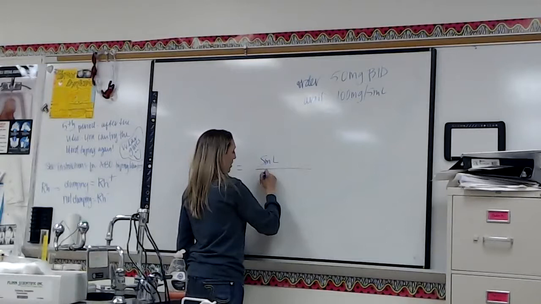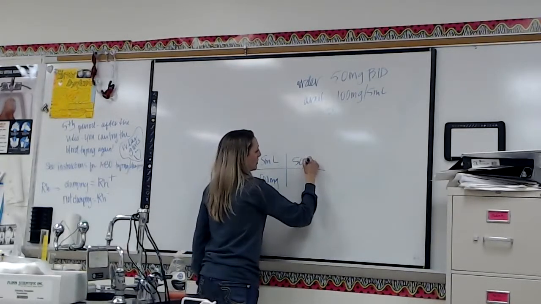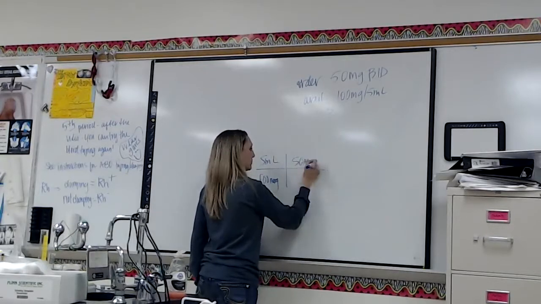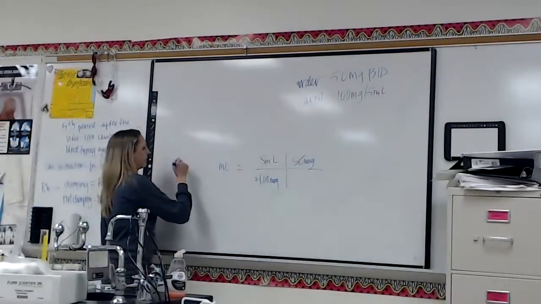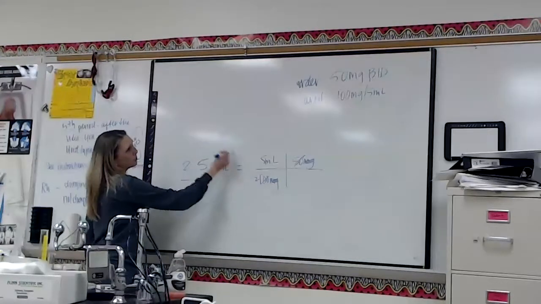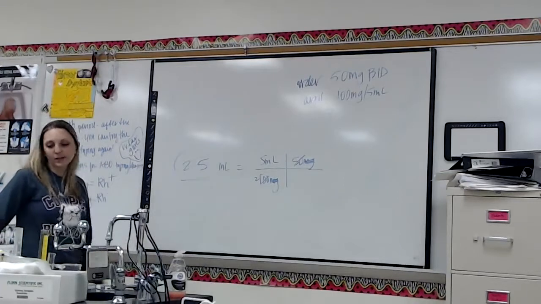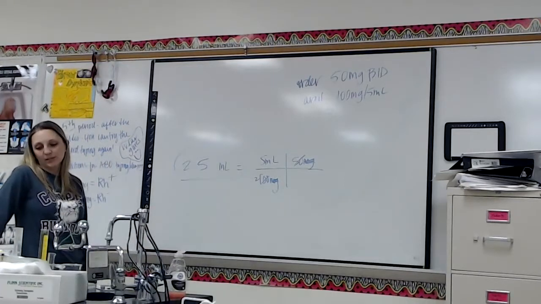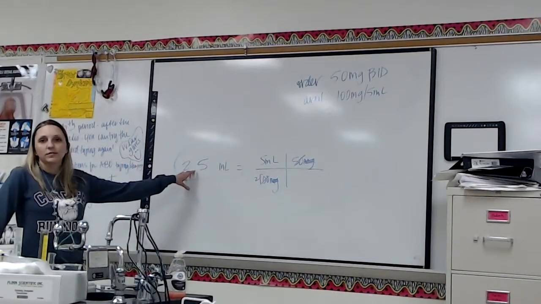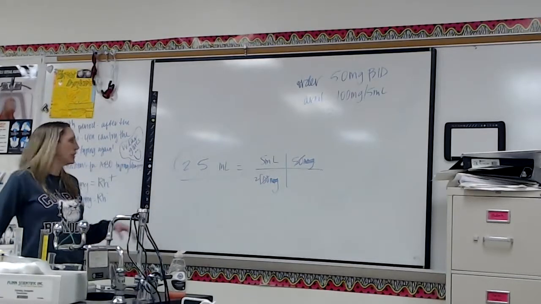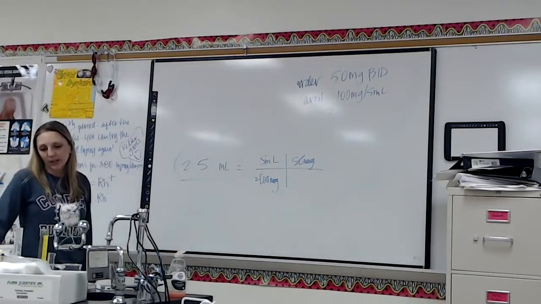Let's set up our dimensional analysis. It's going to be 2.5 milliliters. Okay, I already worked that one out, didn't I? Volume of medication for the above dose in the household measurement, we already know a teaspoon is 5 milliliters, so 2.5 milliliters is half a teaspoon, so that's the answer to that one.